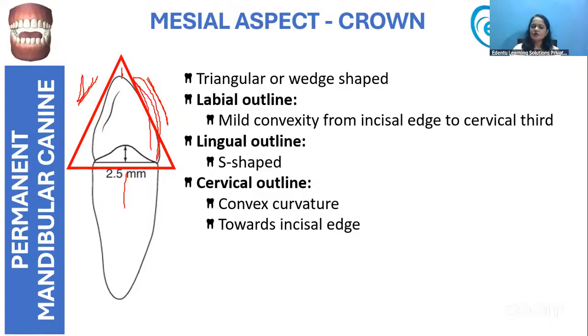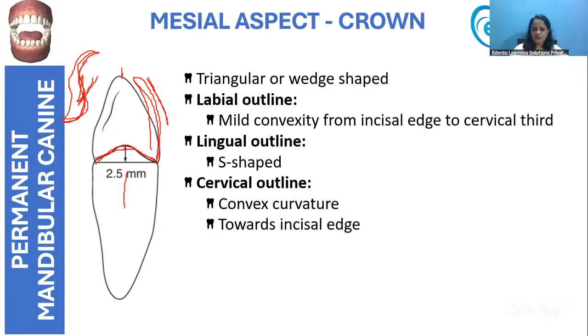The lingual outline, just like the maxillary incisors, will be S-shaped. If you look at the cervical outline, a curvature will be seen, and the depth of curvature is more than on the distal aspect. Just like what we had seen in the maxillary canine, the same is repeated for the mandibular canine also.